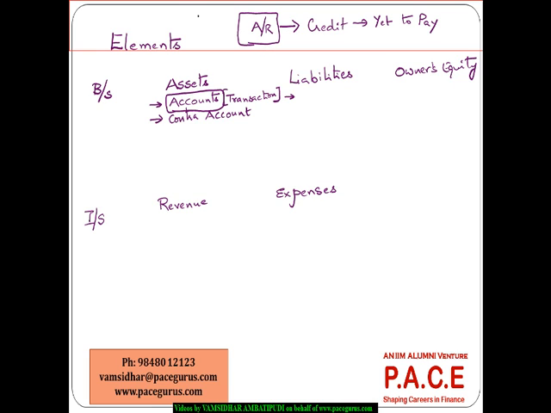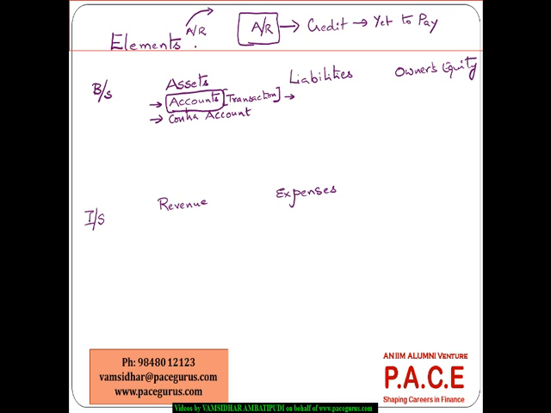So whenever a sale is being done on credit, we make sure that a corresponding entry is made in an accounts receivable account because we are yet to receive cash from that customer.